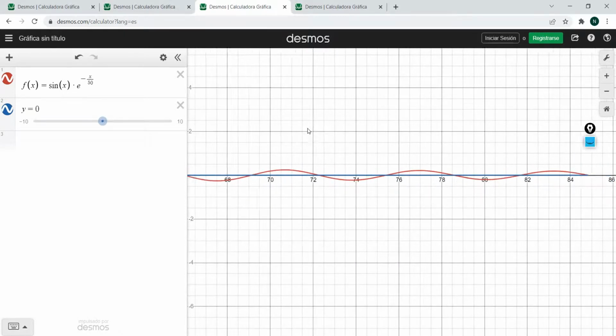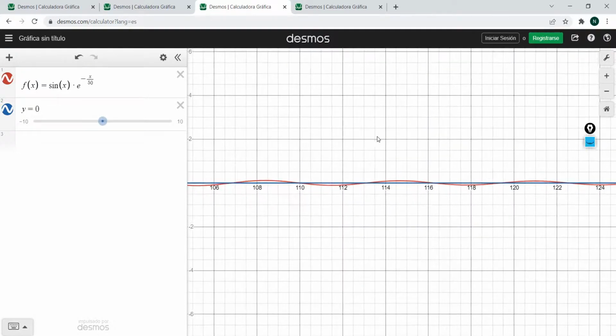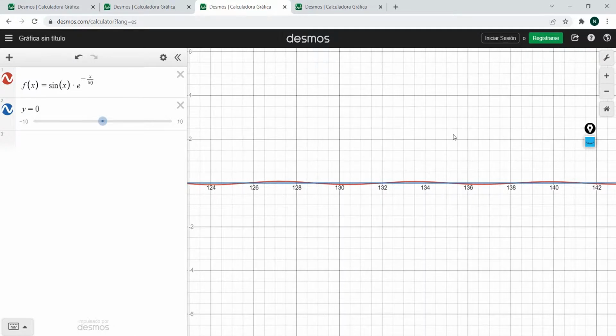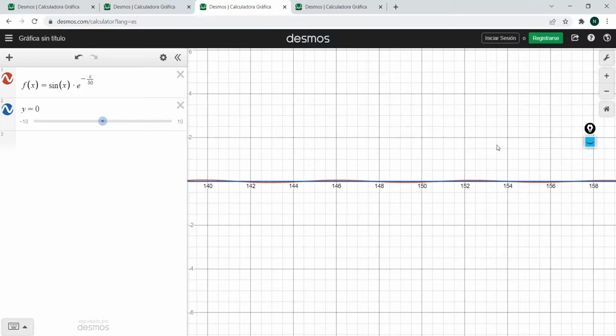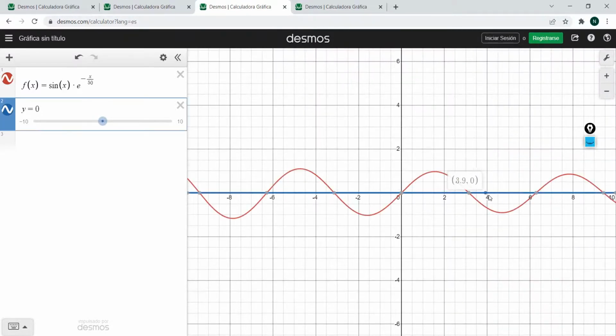Can you see? Closer and closer, even though the graph of the function crosses the blue line many times. Can you see that? Okay, so we also say that this blue line is an asymptote to this function.